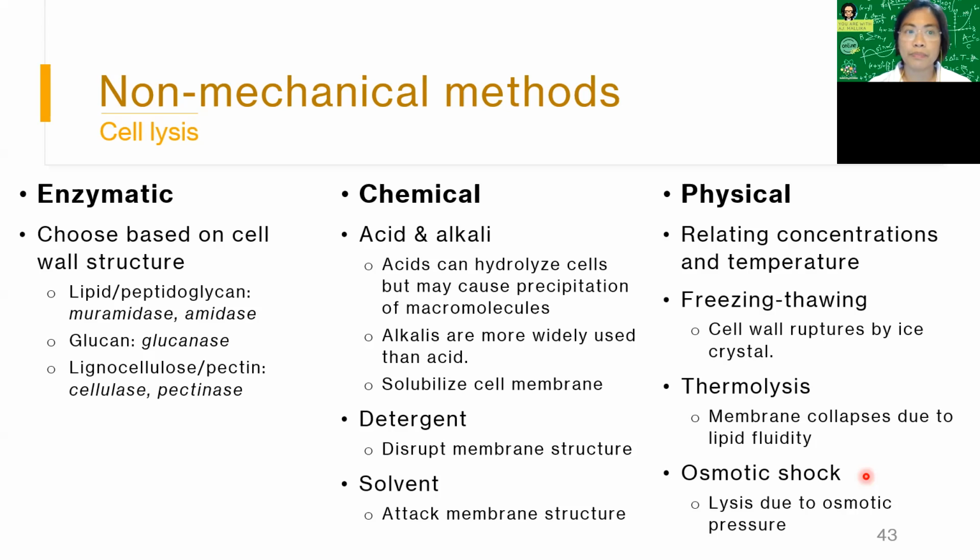So basically these are the two main methods to destroy the cells and get the intracellular contents out: a mechanical method and a non-mechanical method. When choosing what to use, you have to weigh whether you have the instrument to do it or not, or whether your product is prone to being destroyed by something like heat or some chemicals.